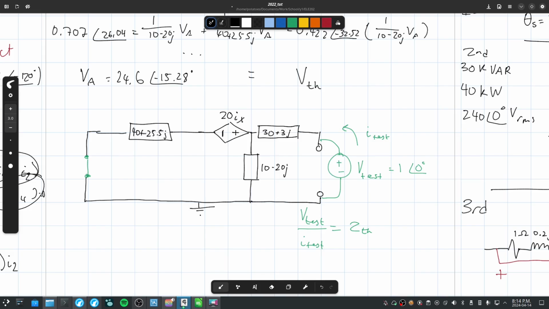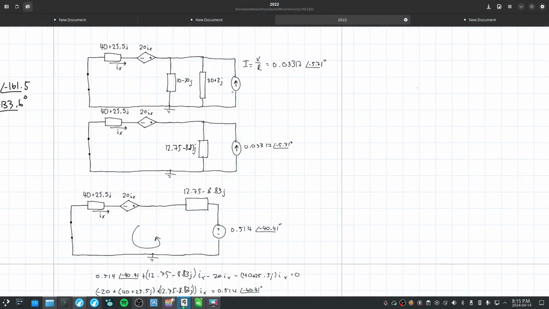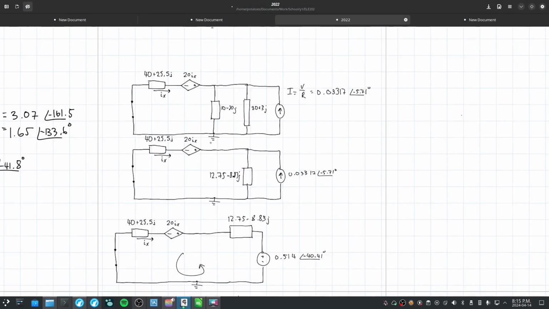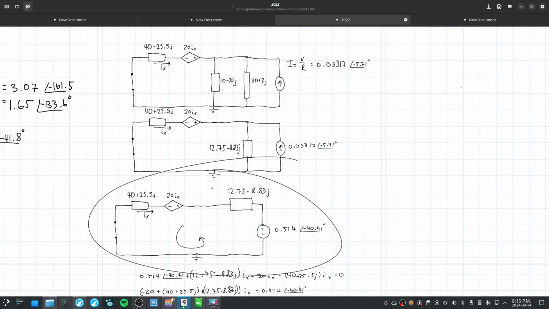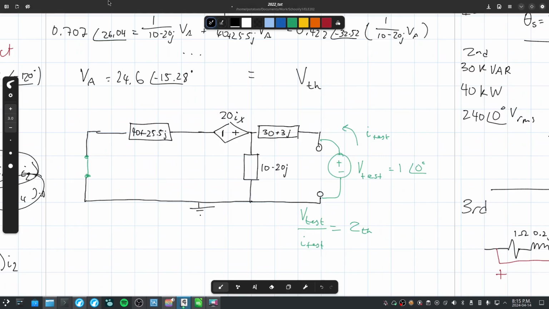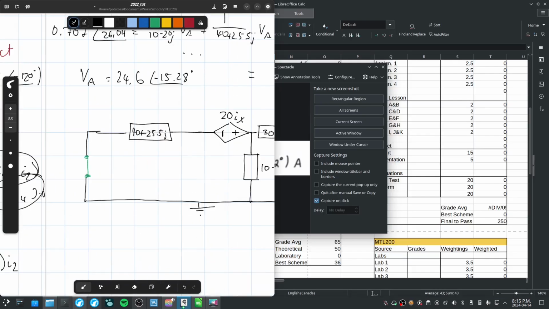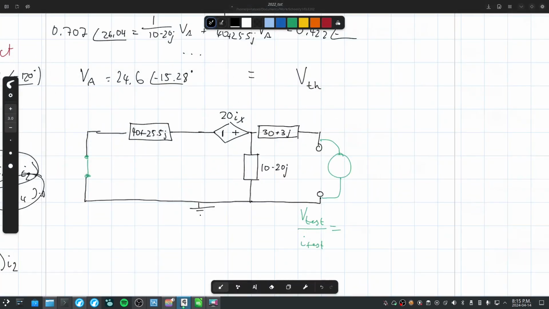Now there's 2 ways to solve this. Let's solve it using mesh analysis. I did it using a really sneaky method. I literally just source transformed twice over. But let's do mesh analysis because that's probably what they're more expecting, and that's really what you should be doing.